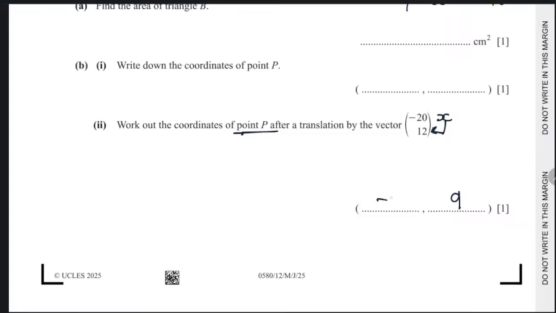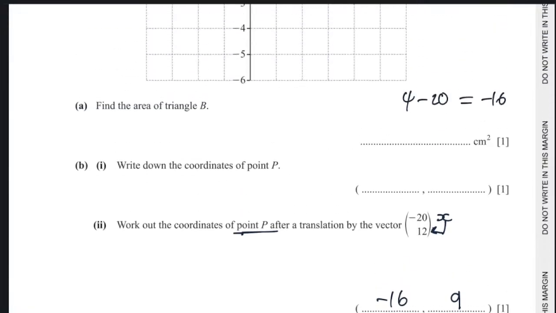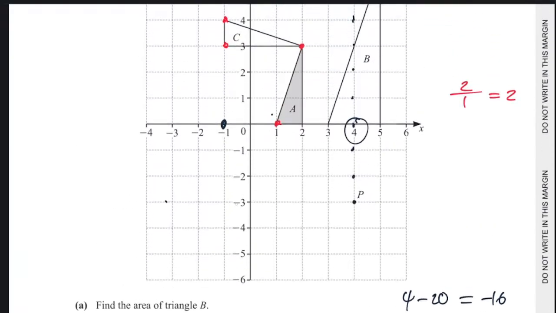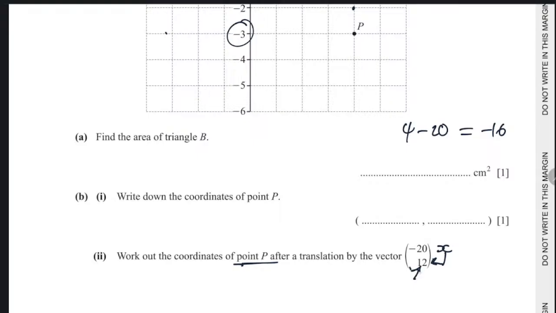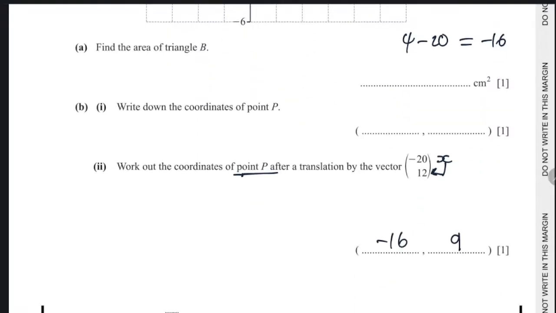So it will be negative 16. Do you understand? For y, you started at negative 3. Then you are adding 12 because it's positive. It will become 9. So this will be your answer. Are we together, sir?